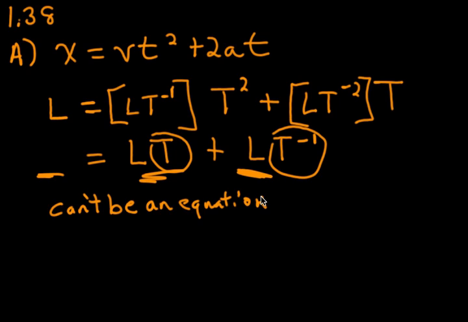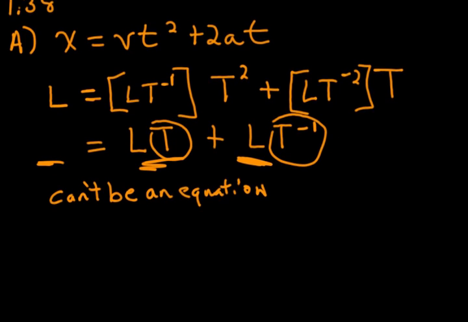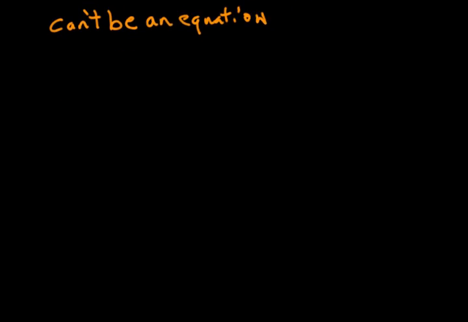So we're using the definitions for each of these variables that are given, and our variables are representing something. And we want to see the dimensions. So we'll look at equation B. We're going to use the same process. So we have x equals v naught times t plus 1/2 at squared.